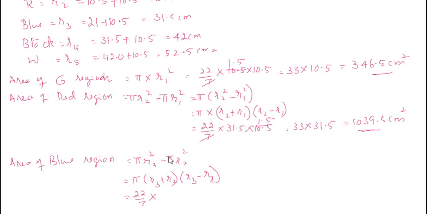R3 plus R2 is 31.5 plus 21. That is 52.5 into R3 minus R2 is again 10.5, 7, 1.5 times. So this is 33 into 52.5. This comes to 1732.5 centimeter square.